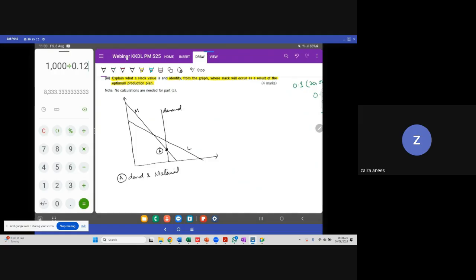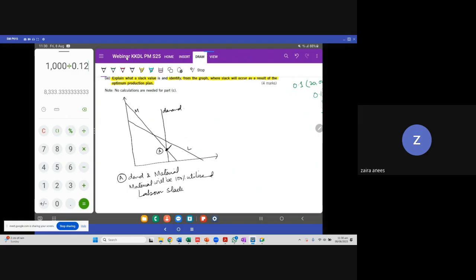This means that at this particular point, material will be 100% utilized. And what about labor? Since there's a gap between the labor line and this point, labor will be treated as slack.